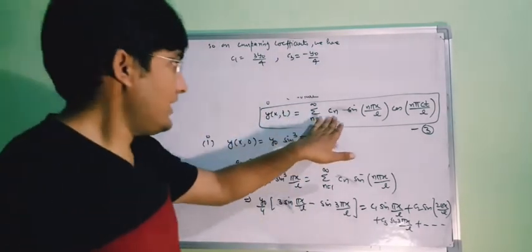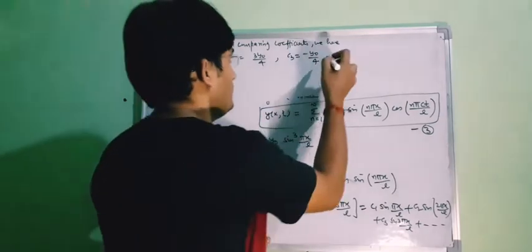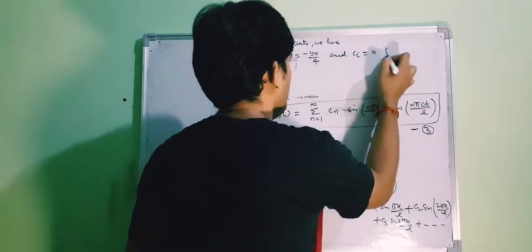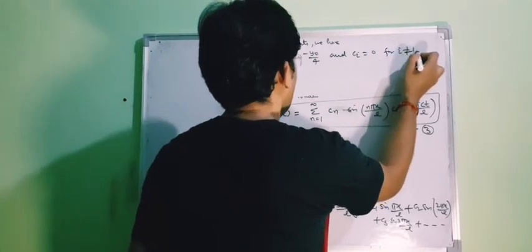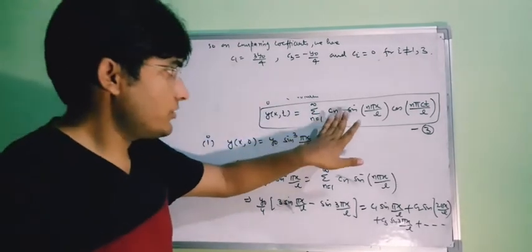So here we have the value of C1 and C3, and Ci will be 0 for i not equal to 1 and 3. So the rest of the constants are 0. So this will be your solution.